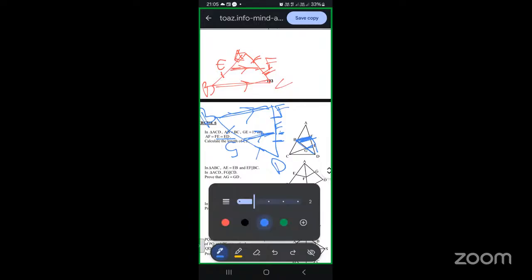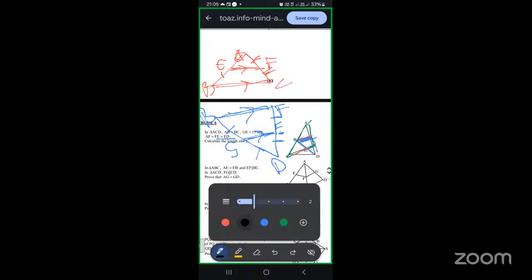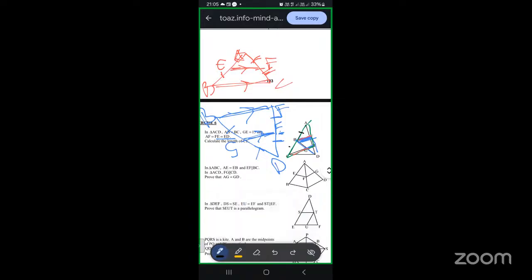Then let me just use maybe a green color. Also on this one, we've shown that midpoint applies, and we've shown that this line is parallel to that one. We were given that this one here is equal to this one. We were also given that this one is equal to this one.